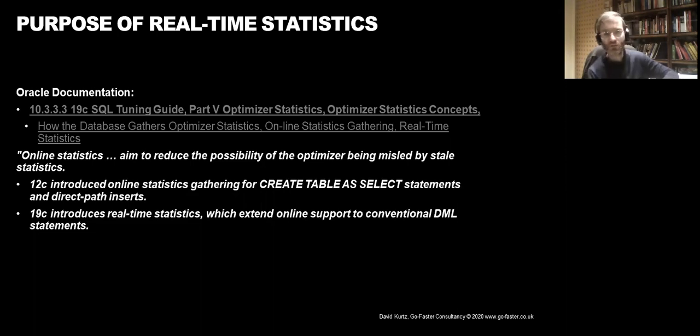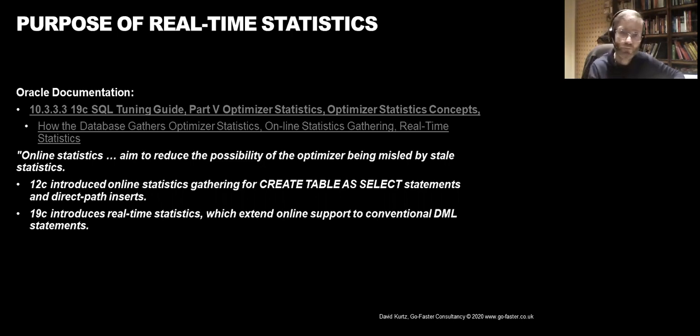We first saw this introduced in 12C for things like create table as select, or for the first direct path insert into a new segment. And in 19C, we now have a feature which extends this to ordinary conventional path DML.